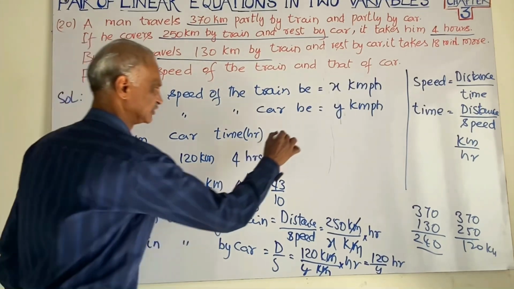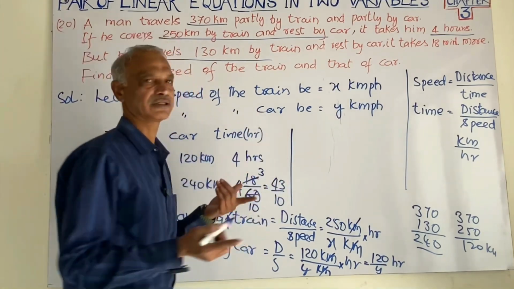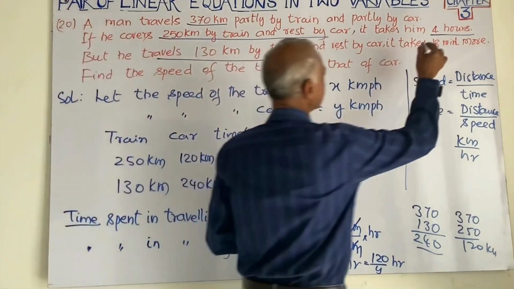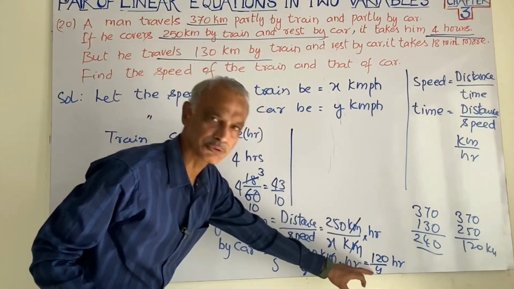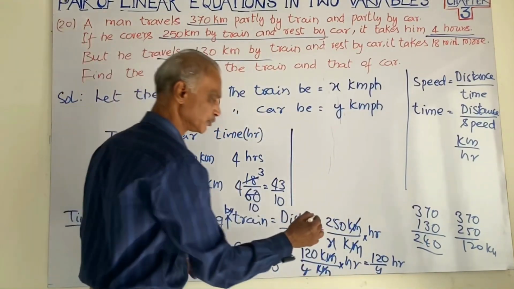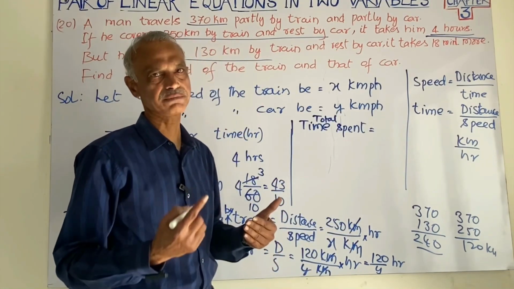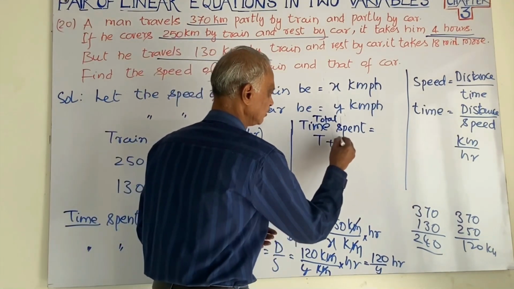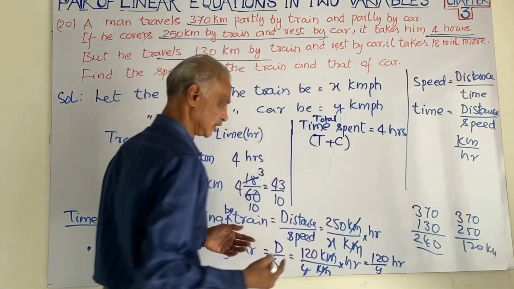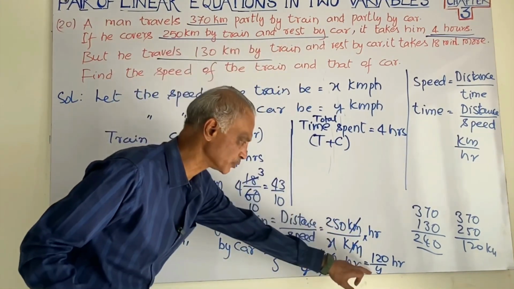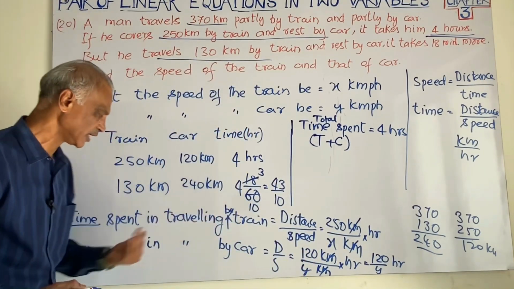Now, how much time has he taken? He has spent 4 hours. If you add these two, you will get 4 hours. We have to add the total time spent traveling by train and traveling by car, which is equal to 4 hours.